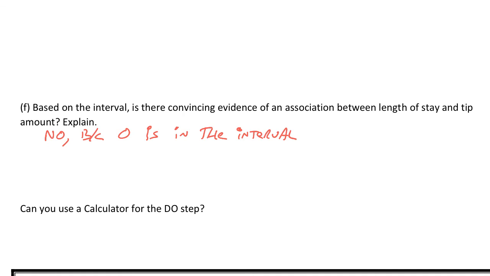And then I mentioned this earlier. Can you use a calculator for the do step? Not very easily. Only if you have all the data. And if you have all the data, you use L1, L2, because you have to have two variables: length of stay and tip, and then you do a let's see, what's it called?